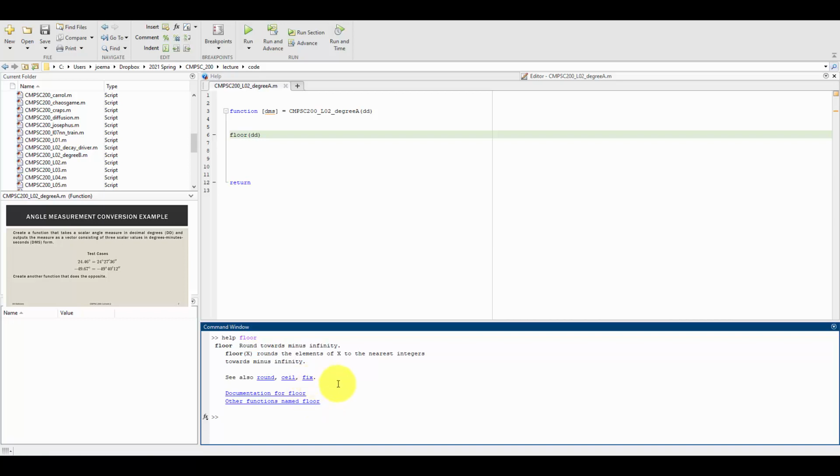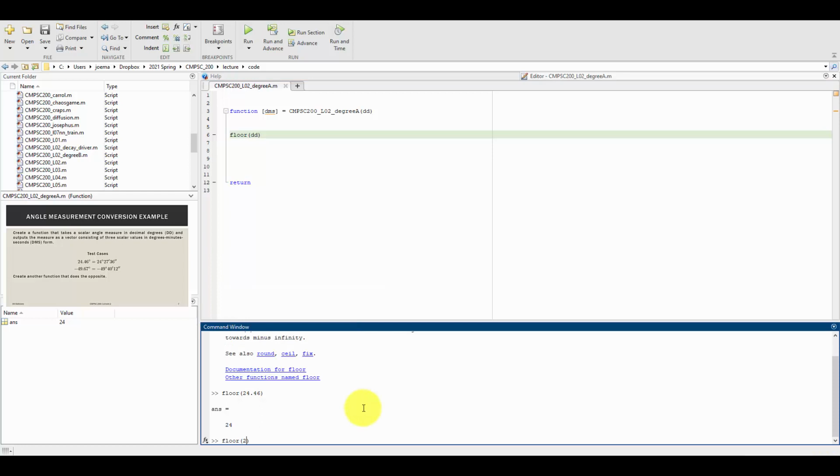Basically what we want is a rounding, because it takes a number that has a decimal and, depending on how we define it, we want to round it to just an integer of that. So for example, if I do floor of the 24.46, it's returning just 24 because it rounded it down towards negative infinity. So I can do that same thing here.